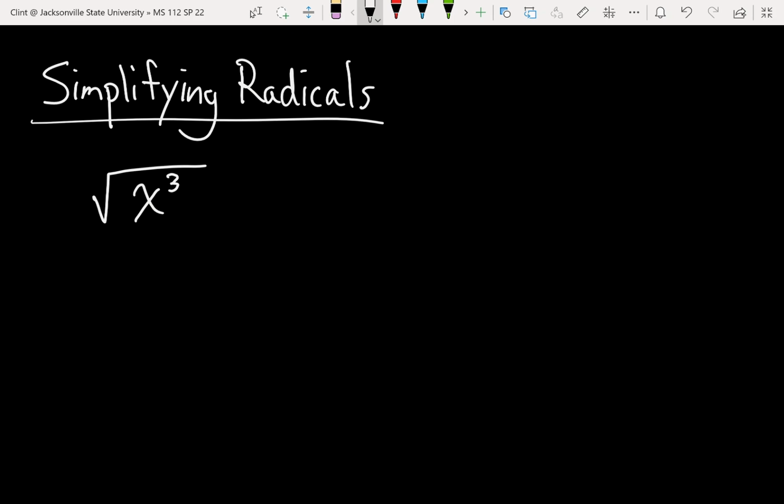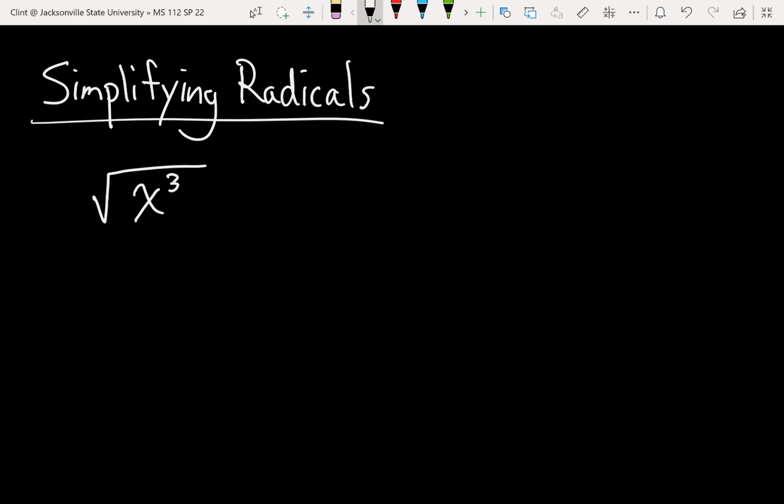I would say this radical can be simplified because what's our index on this one? It's not written, but it's a 2. Yeah, 2. Square root, right? That's the index of 2. And we have something under here that has an exponent that's bigger than that. That's an indication that we can simplify.